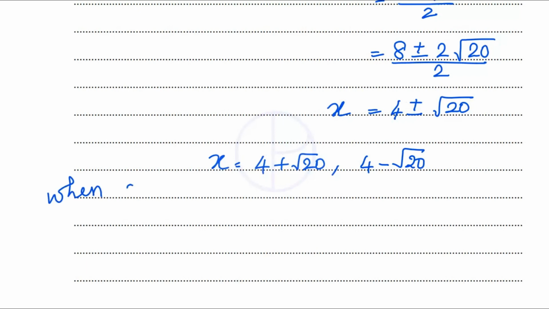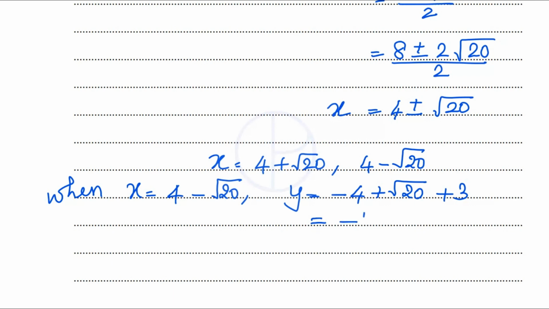So when x is equal to 4 minus square root of 20, what is the y value? y is equal to minus 4 plus square root of 20 plus 3. Okay, so I have substituted this into the equation y is equal to minus x plus 3.